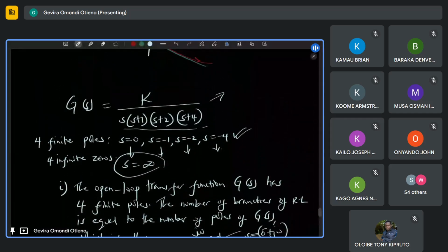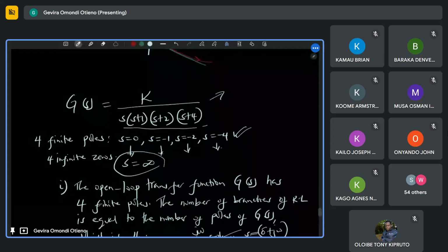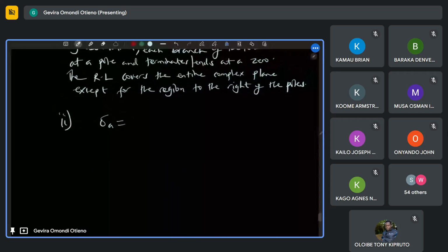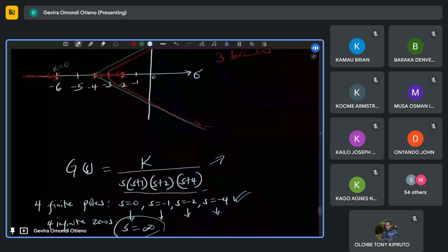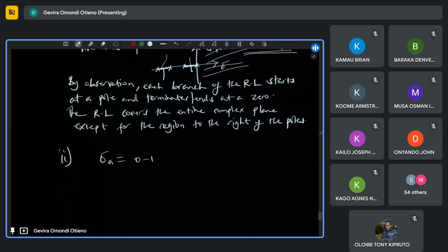So we'll be having 0, minus 1, minus 2, minus 4, then the summation of finite zeros, which we don't have finite zeros, over the number.